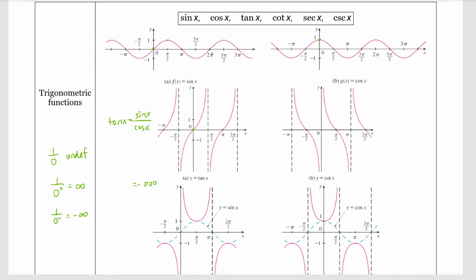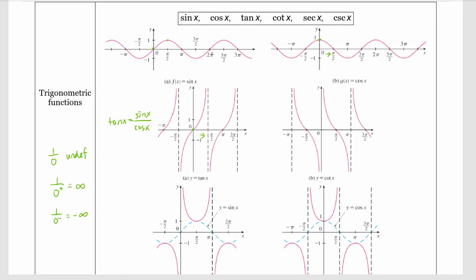So when you approach pi over 2 from the left, your sine is 1, but your cosine is getting close to 0 from the right, positive. So 1 over 0 plus is infinity.